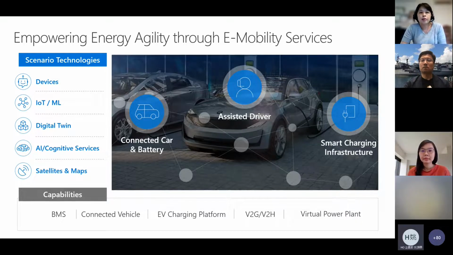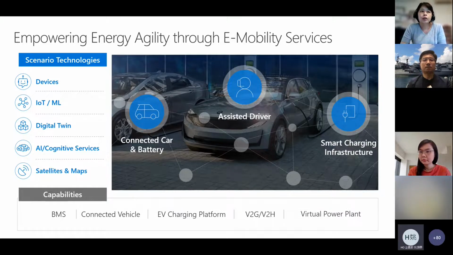Just like Eric mentioned earlier, in terms of capability, that's the target we want to achieve through the working group: the battery management system, the connected vehicle providing telemetry data back to the digital feedback loop, and the EV charging platform with V2G, V2H, and also the virtual power plant. Those are the key capabilities we want to achieve through the working group.